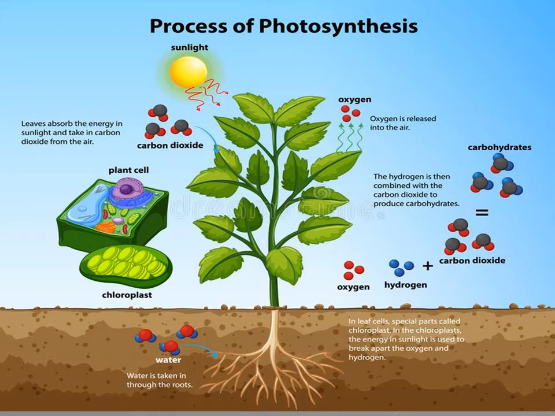Most of the removed electrons and hydrogen ions ultimately are transferred to carbon dioxide, which is reduced to organic products. Other electrons and hydrogen ions are used to reduce nitrate and sulfate to amino and sulfhydryl groups in amino acids, which are the building blocks of proteins.